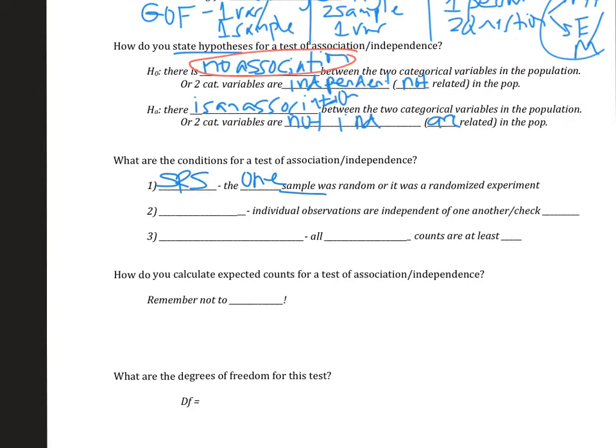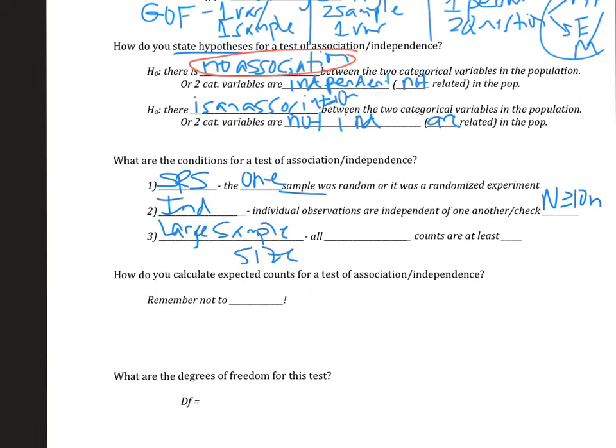So I picked one person in the class and we figured out if they like math and if they're male or female. So it's one sample answering those two questions. Don't forget about independence. So the individual observations are independent of one another. You also still need to check n is greater than or equal to 10n. And then finally, large sample size.